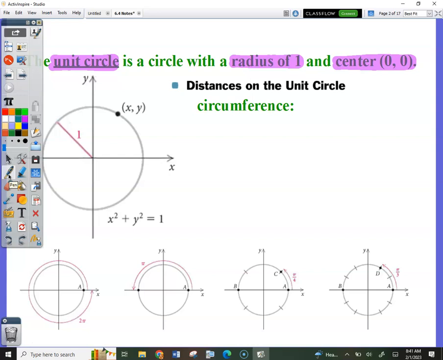So this particular point right here, (x, y), if I was to draw the radius from the origin to that point, it's still length 1. And then if I was to draw the right triangle formed by it, this would be the x coordinate and this would be the y coordinate.